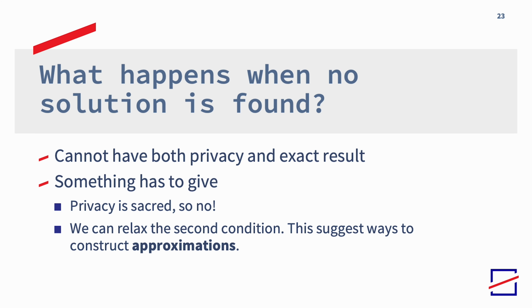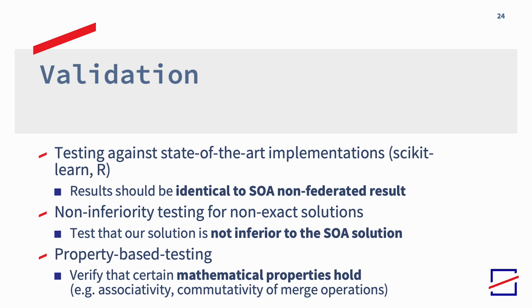Finally, once an algorithm is implemented, we go through a series of tests to ensure its validity. So let me say a few words about that. First and foremost, we test against some state-of-the-art implementation. This is the most important set of tests.